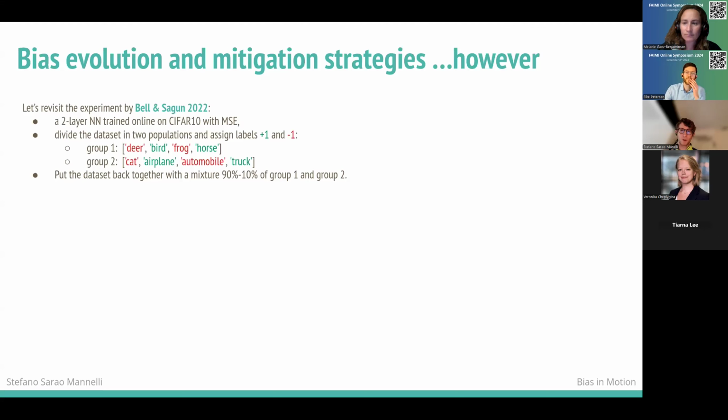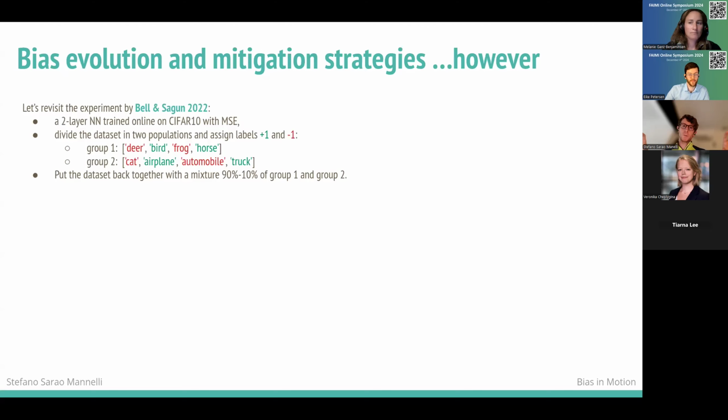In this work, we wanted to see if this assumption is correct. And so we considered an experiment that is reframed from Bell Segun 2022, where we took the CIFAR 10 dataset. We constructed two groups, taking 4 classes in one and 4 classes in the other.